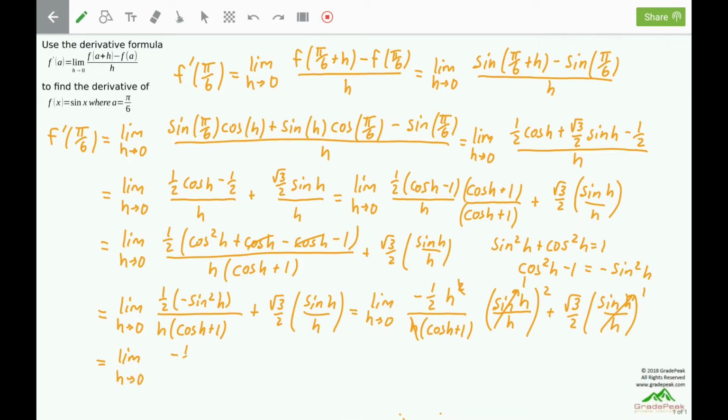I have a negative 1/2 h over the cosine of h plus 1, and I have a plus root 3 over 2. Plugging a 0 into the remaining h's will give us a negative 1/2 times 0 over a cosine of 0 plus 1 for that first fraction, and then we have plus root 3 over 2.